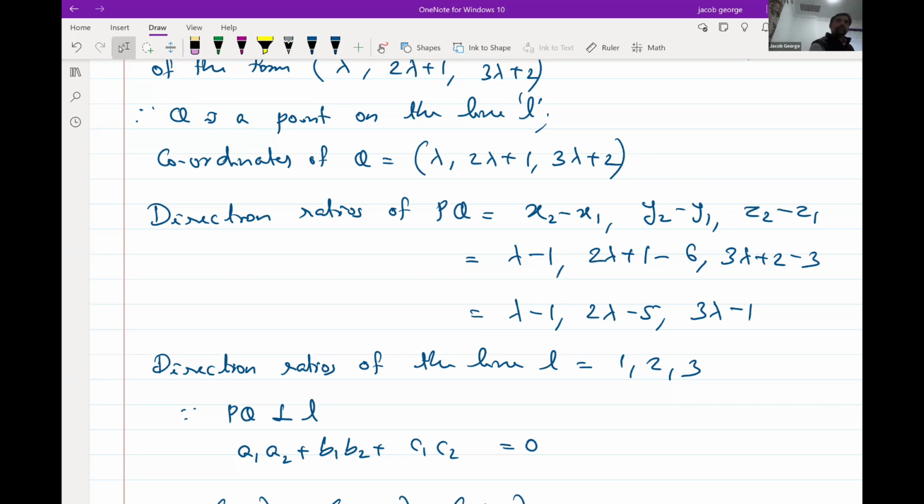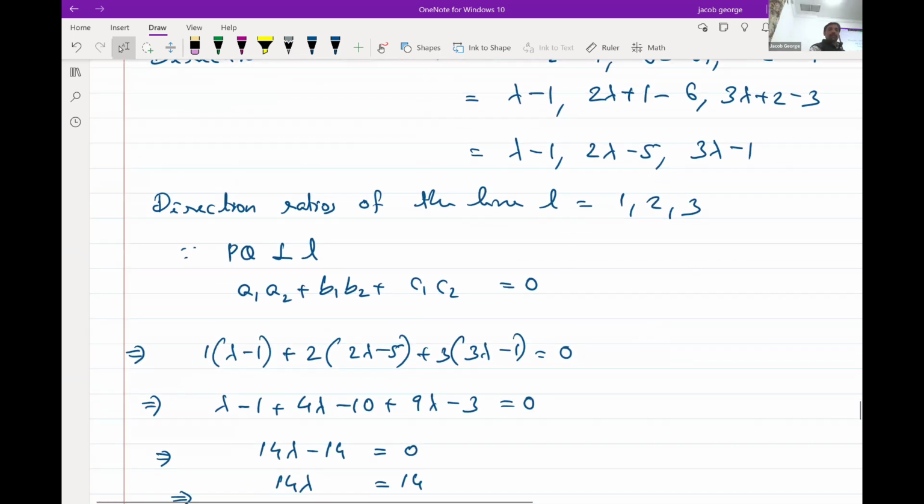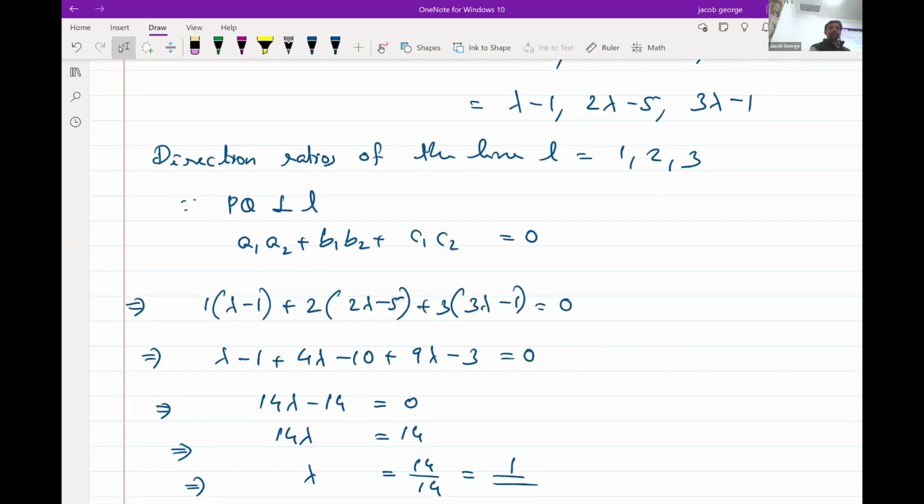Did you write the direction ratios of L? Since PQ is perpendicular to L, apply the condition and find lambda: A1 A2 plus B1 B2 plus C1 C2 is equal to 0. That is 1 into lambda minus 1 plus 2 into 2 lambda minus 5 plus 3 into 3 lambda minus 1 is equal to 0.